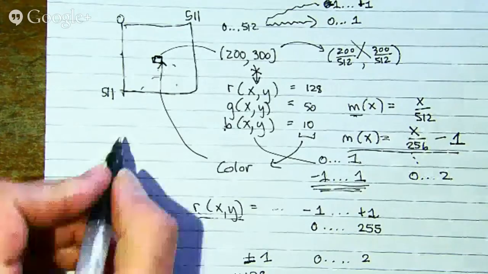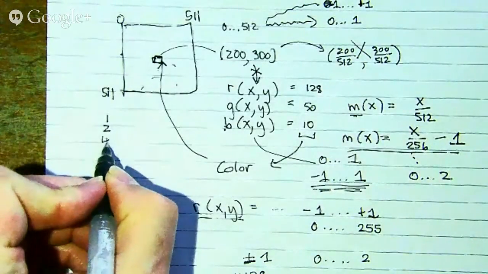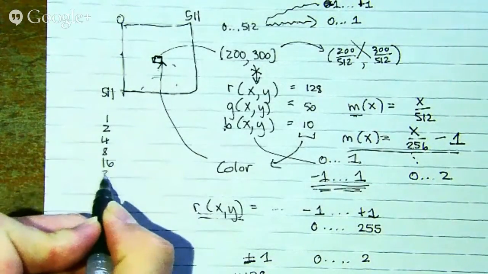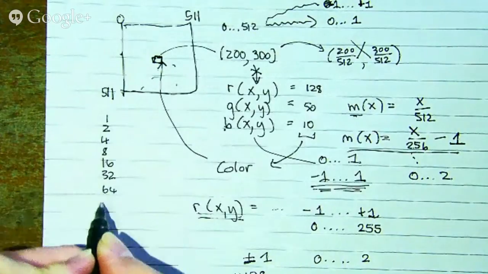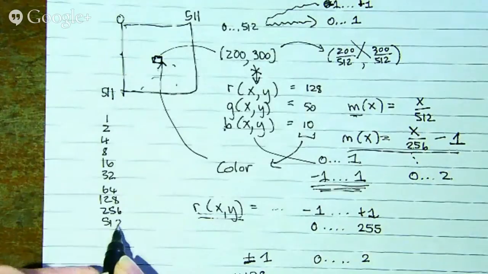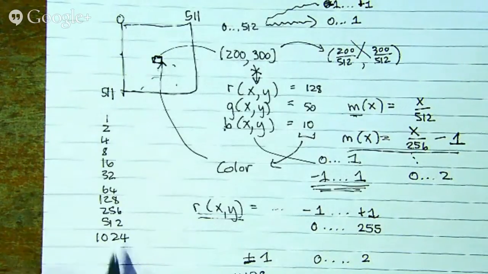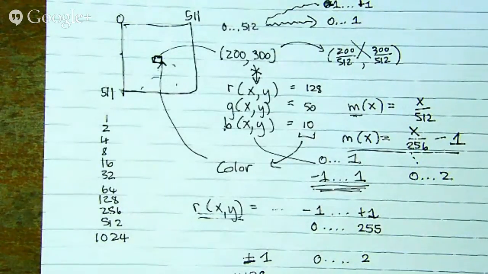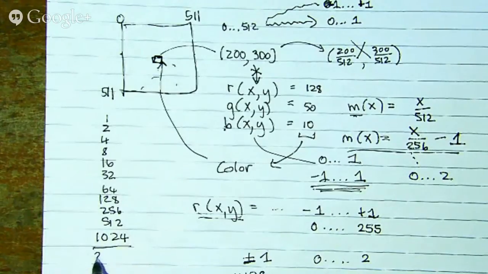Let's go through them. 1, 2, 4, 8, 16, 32, 64, 128, 256, 512, 1024. These are the powers of 2, and whenever you see them, you should recognize them as your friends, secret handshake, all that. The first 10 are enough for the first year, but when you're in second year, you learn more.